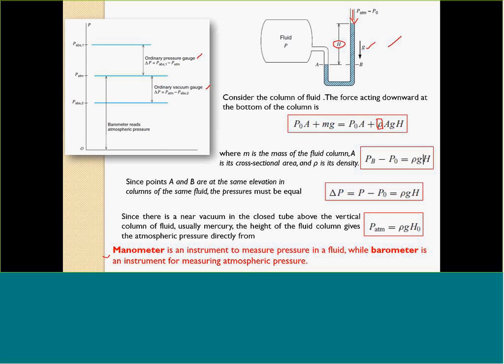Therefore, the pressure at B minus the initial pressure gives you rho g h, because considering the atmospheric pressure at A plus mg over the cross-sectional area, the mg will relate to the density of the fluid, the height, and the additional force.